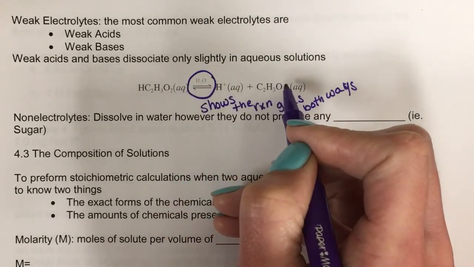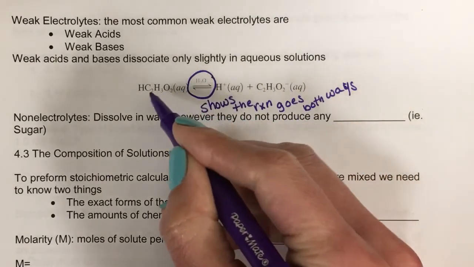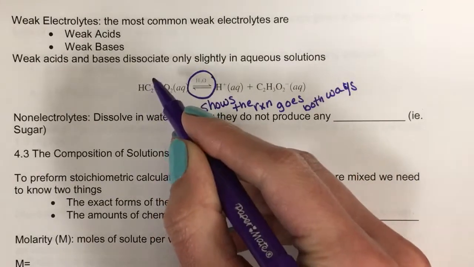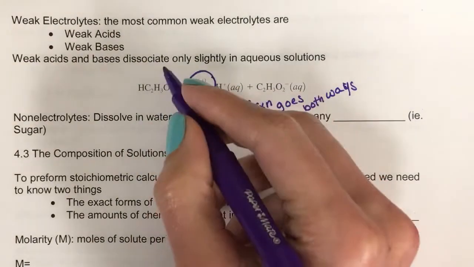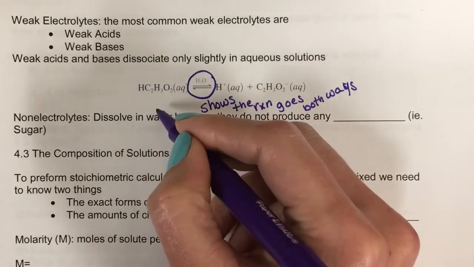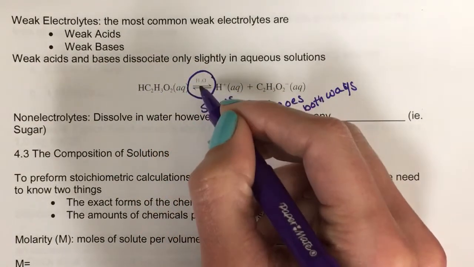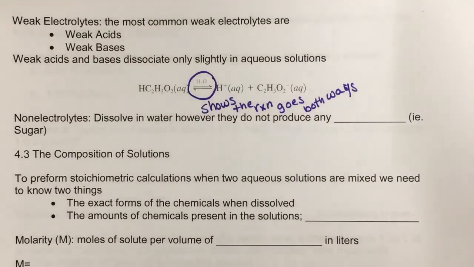Some of it breaks up, but some of this stays as acetic acid. In fact, because it's a weak acid, most of it stays as the initial weak acid. Okay? So whenever we see a double arrow, it shows us that the reaction goes both ways, but it also tells us it does not go to completion. Okay?